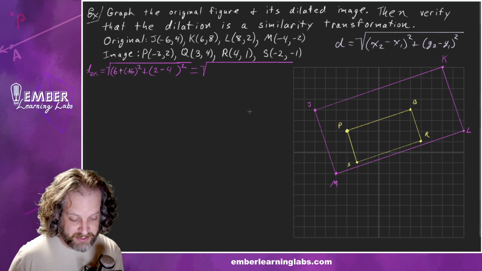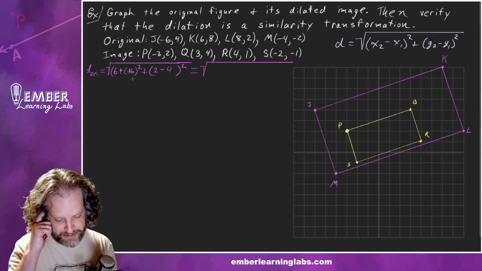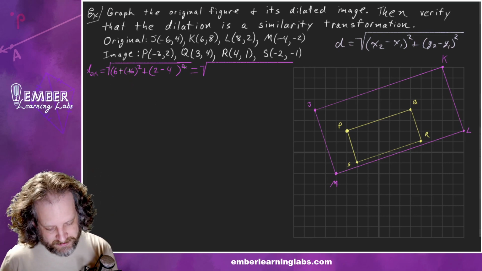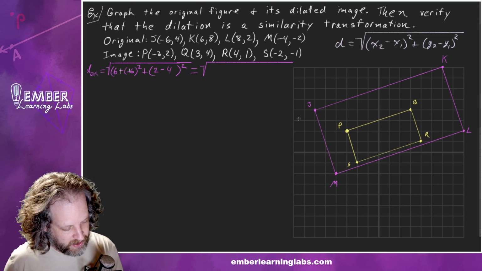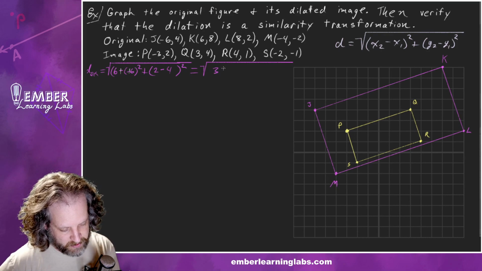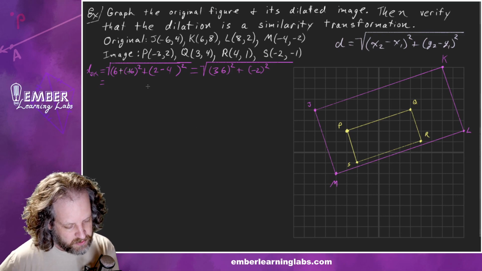So we've got to ka-chink that, so that turns into 6 plus 6, not 0, right? It's not 6 minus 6, it's 6 minus -6. I was afraid I was going to make that mistake, and you might make that mistake. So we got 36 squared plus 2 minus 4 is negative 2 squared. So this equals 36 squared.